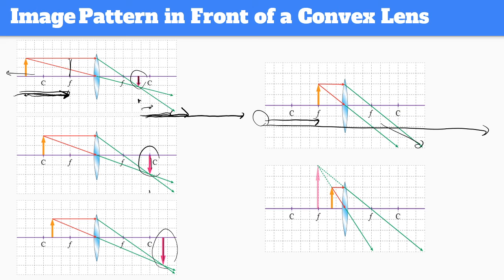As you get farther and farther away, your image will get closer and closer to the focal point. So if an object is really, really far away, then the image will appear at the focal point.